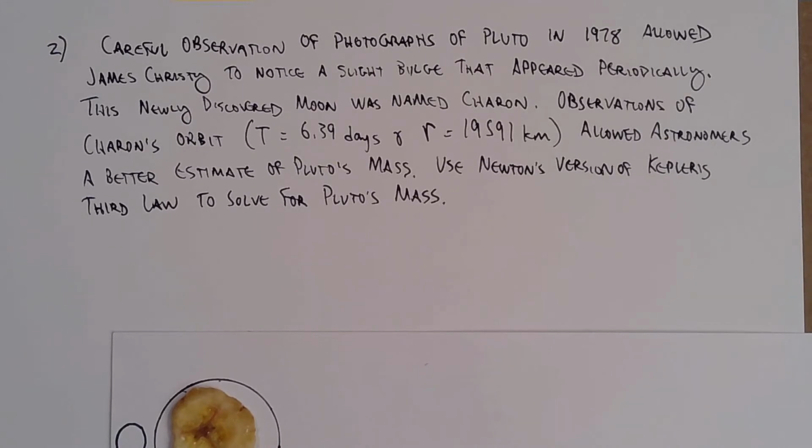Actually, Pluto has a couple moons. But this newly discovered moon was called, and there's always a bit of debate on how, Charon. Charon is, it's pretty cool actually. Pluto is the god of the underworld. And again, all the planets are named after mythological deities.